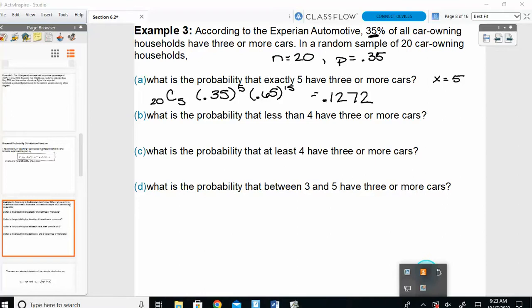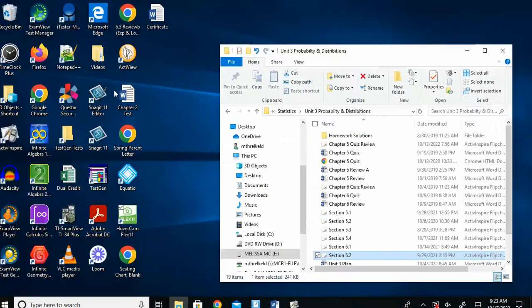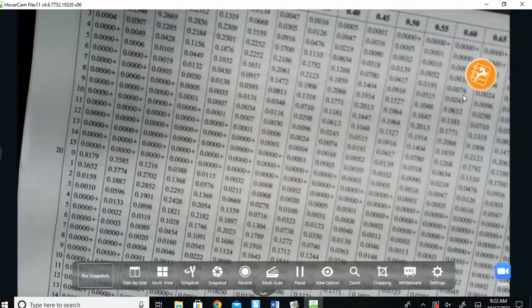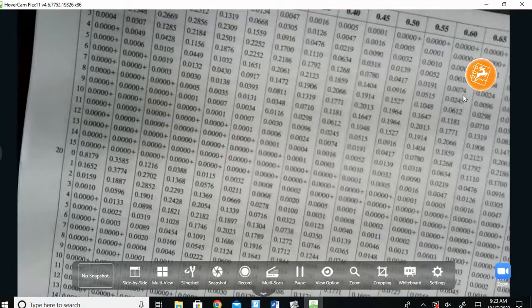All right, so let's try using this table to find some. The second one, I want the probability that less than 4 have 3 or more cars. So less than 4. That means it could be 0 people, or 1, or 2, or 3, right?